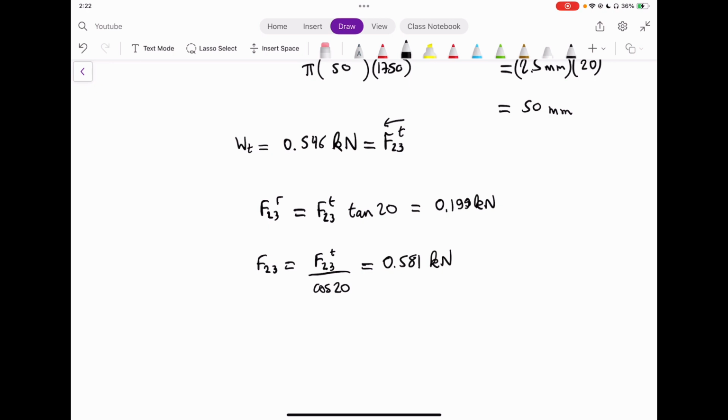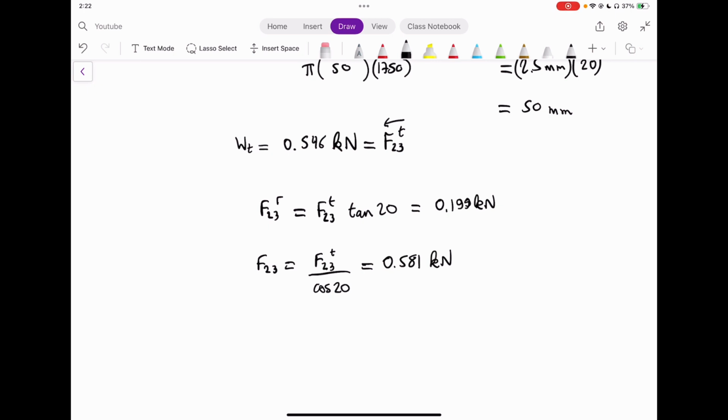Whenever we're asked to find the forces, for me, in terms of a class itself, as long as you have F23T and F23R, you don't really need to solve for F23. Or if you have F23, you don't really need to solve for the other two because the other two can be solved throughout. In terms of completion, you can solve for everything, but it's usually easier to solve for just those two numbers.